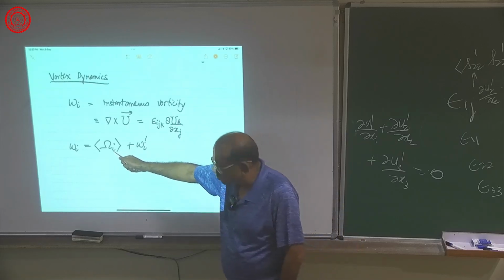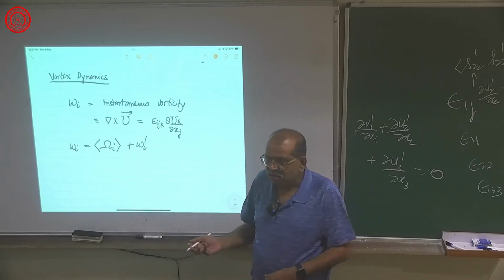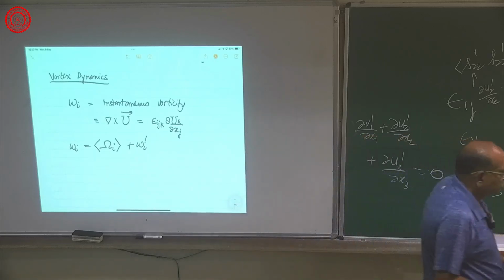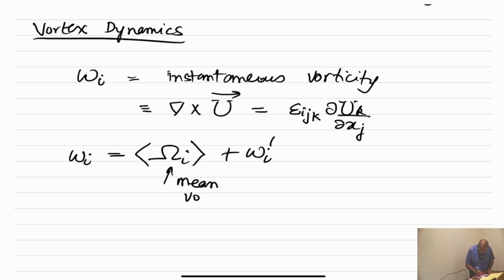That means this is the symbol for mean. I could have used mean of small omega I. Okay, but let's, and this is again so that we are not too different from Lumley's book.